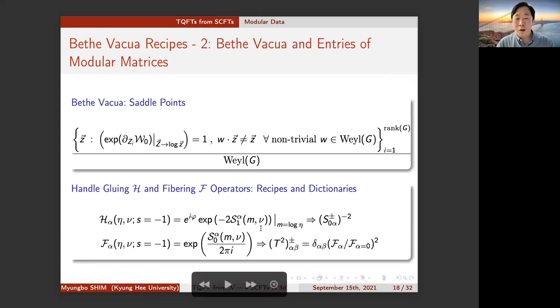So we can compute H and F up to some phase in the degenerate limit.